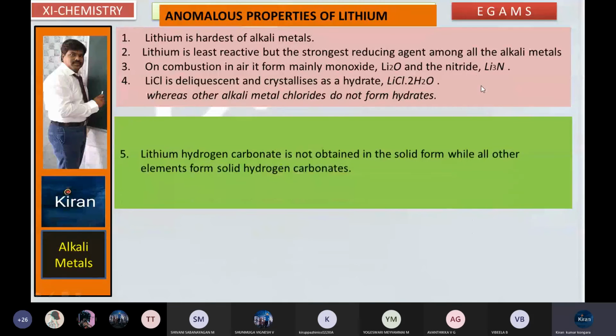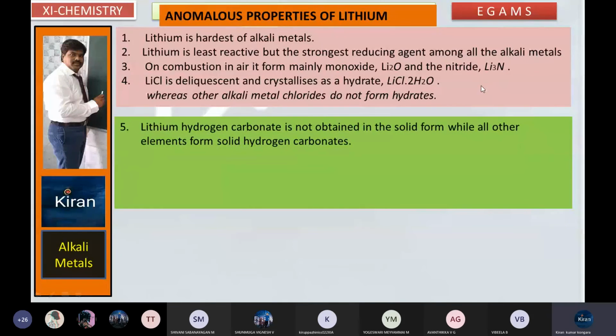Lithium hydrogen carbonate is not obtained in the solid form, while all other elements form solid hydrogen carbonates. So this is one more anomalous property. What is the formula of hydrogen carbonate?